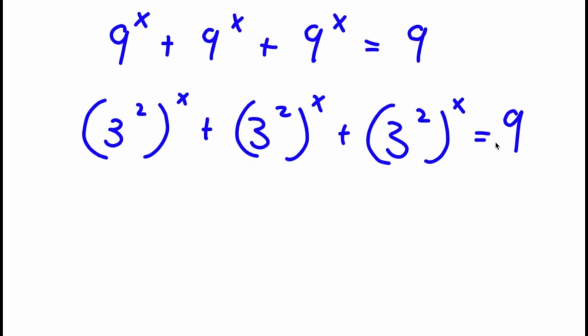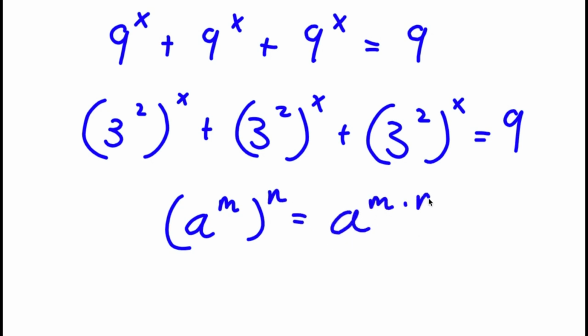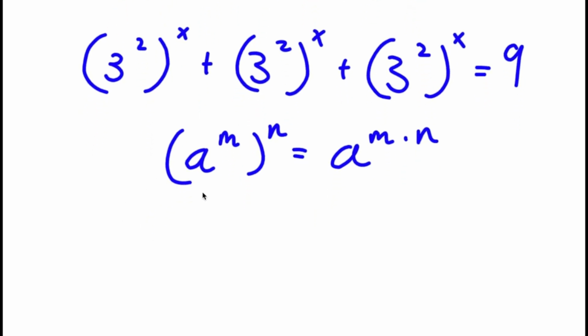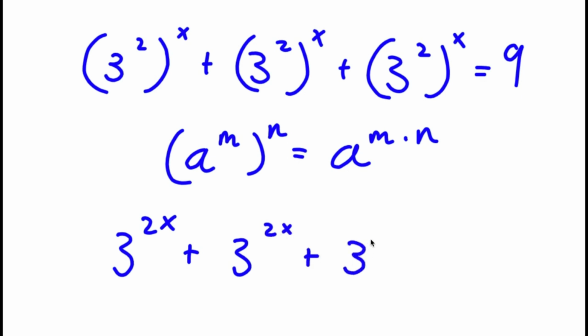Now, if I have something in the form a to the power of m to the power of n, this is equal to a to the power of m times n. So in this case, 3 to the power of 2 to the power of x is going to equal 3 to the power of 2x. So I have 3 to the power of 2x plus 3 to the power of 2x plus 3 to the power of 2x is equal to 9.